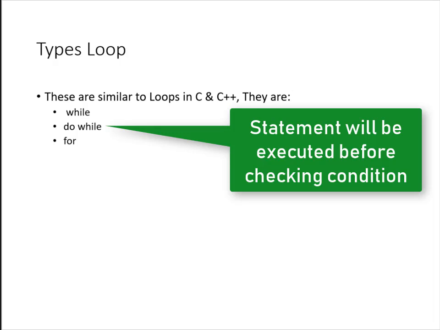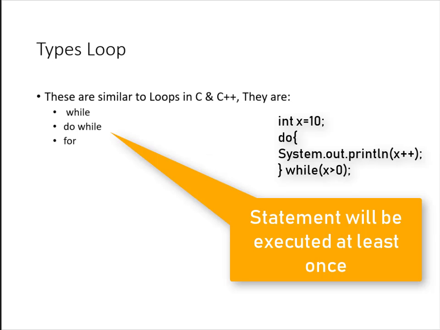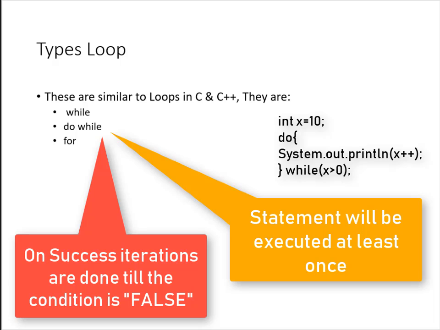In a do while loop, the statement is executed first, then the condition is checked at the end of the statement. In this, if the condition fails, it still executes the statement at least a single time. If the condition is successful, it will repeat until the condition returns false.